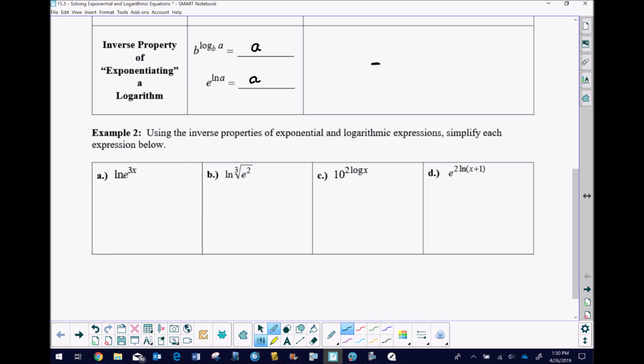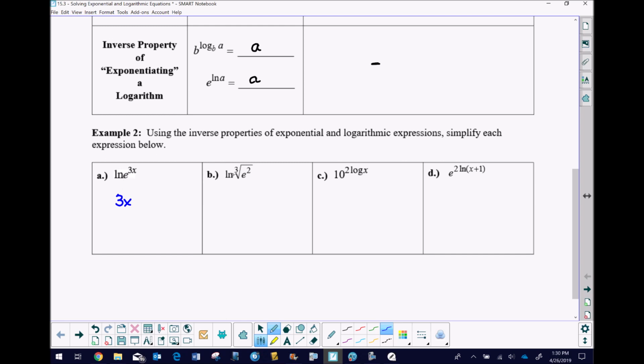So if anyone were to ever encounter the natural log of e raised to the 3x, what's the answer? You're okay to shout it out if you want to. You'll be on live TV or YouTube. It's 3x. Does everyone agree with that? Hopefully those of you watching can see that. The ln and the e sort of kind of eliminate each other.